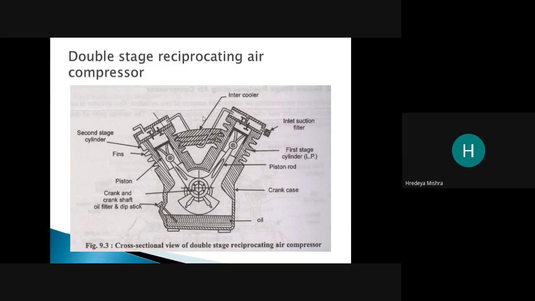They are put together for high pressure. So what happened here? See, this is low pressure. So here is a filter. Air is sucked in and compressed by this. So this is the outlet or delivery.